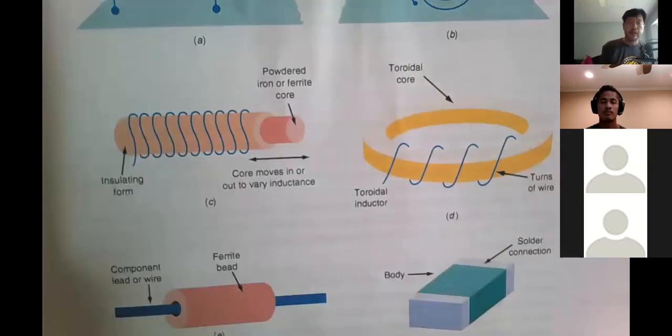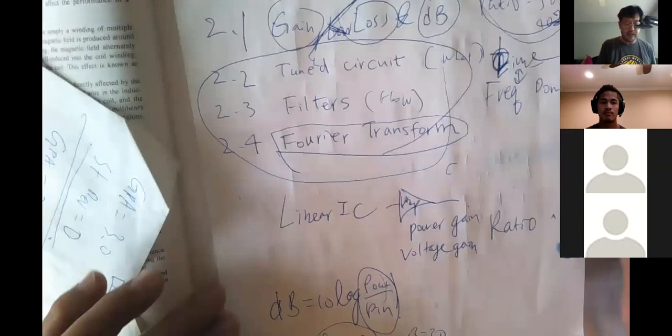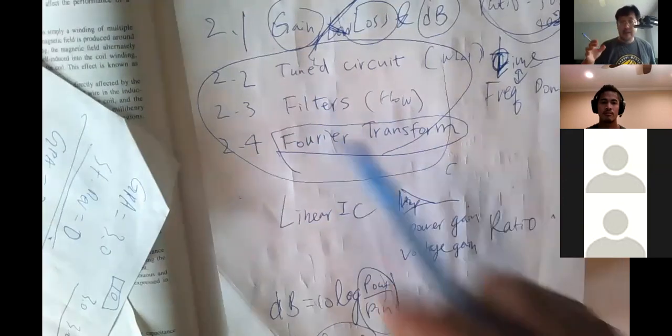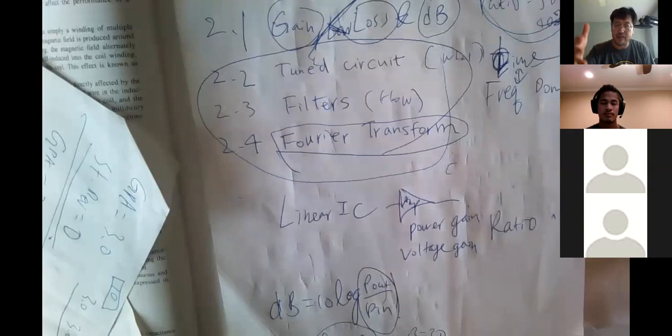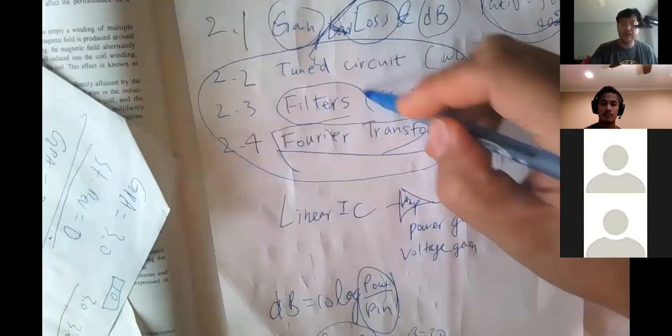So now we start with the second topic, all the way to the very end of this chapter, three sections. We all talk about the frequency domain. We are interested in what our signal looks like in the frequency domain, and how we control it through a device we call filters.